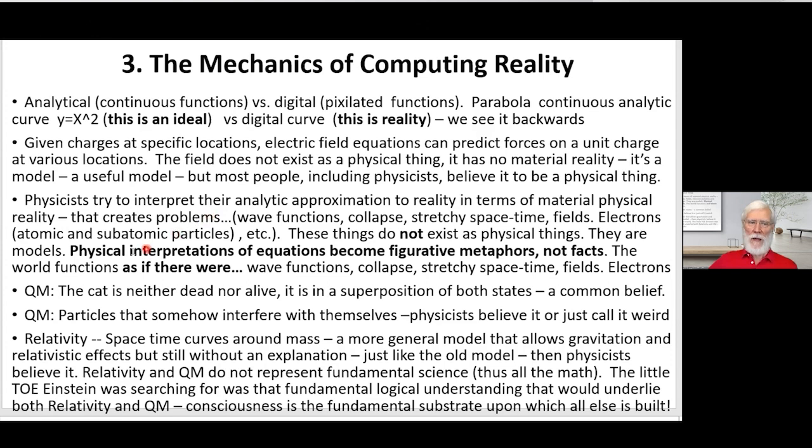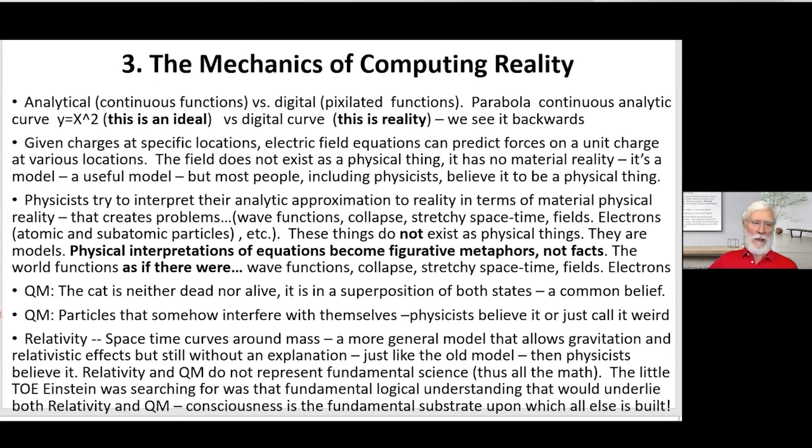Now, some of the silliness that comes out of that, like I say, is that in Schrödinger's cat paradox, we say the cat's neither dead nor alive. It's in a superposition of both states. Well, that's a silly thing to say. That's not really true. And you should remember from Schrödinger's cat how that worked. Well, we'll just stop by that for a moment and see.